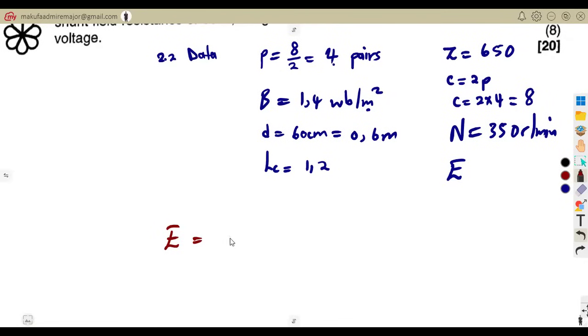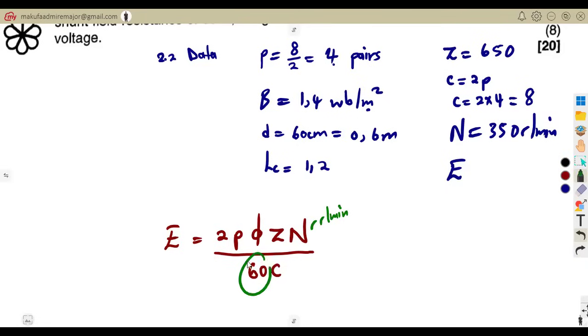For the generated EMF, we use the basic one, which is 2P times the magnetic flux, times the number of conductors, times the speed, over 60C. The division by 60 tells us that this speed is supposed to be in revs per minute. If 60 is not given in the denominator, then you're supposed to use revs per second, but 60 is there in my formula, so I'm going to use revs per minute.